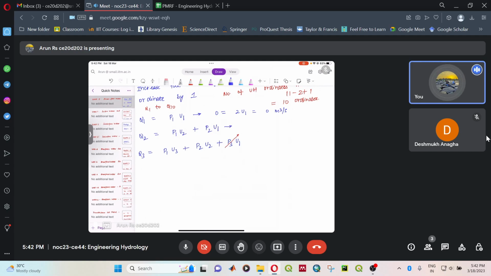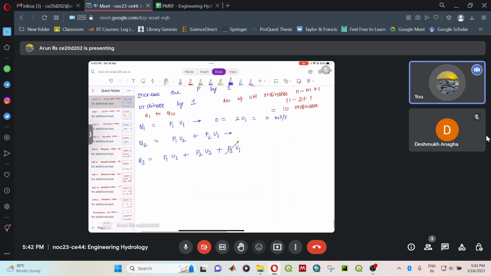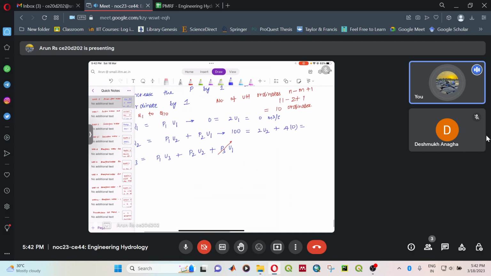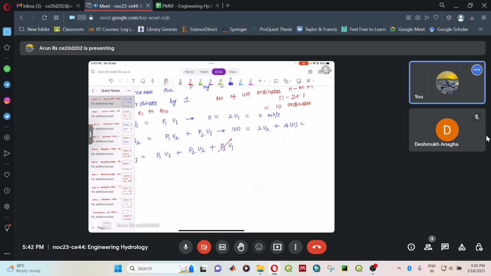And for the second value in the table, 100 meter cube per second, that should be equal to P1 is 2 centimeter, U2 we have to find out, plus P2 is 4 centimeter, but U1 is 0. So we can find out U2 as 50 meter cube per second.